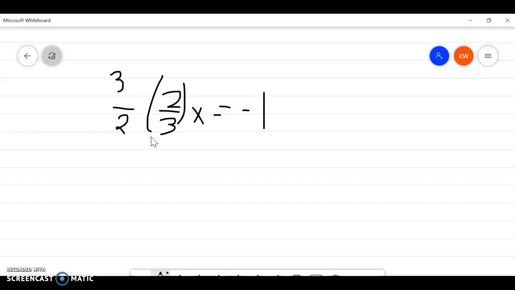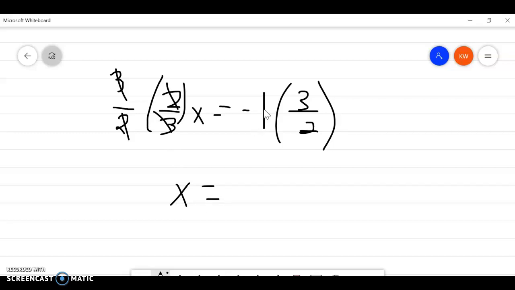And then since we're doing that over here, we got to do the same thing over here. 3 up top, 2 in the bottom. So over here, this 2 and this 2 and this 3 and this 3 cancel out because we're doing the opposite of what's there. So we got x by itself over here. On the other side, I got negative 1 times 3 over 2. Now I know since this is just 1 and that's 3 over 2, I'll still have 3 over 2 as an answer.